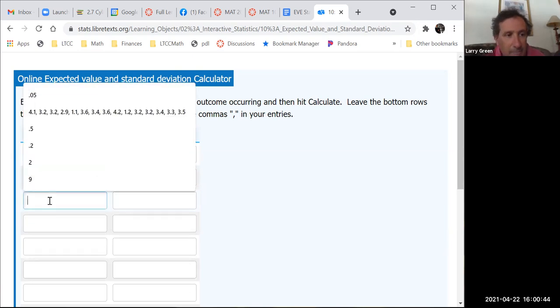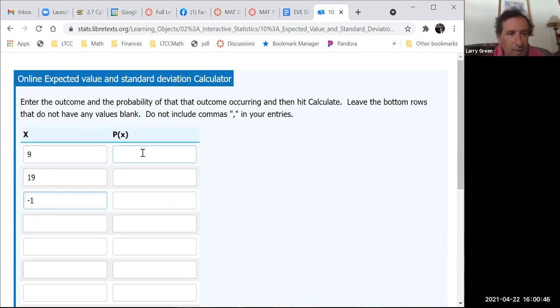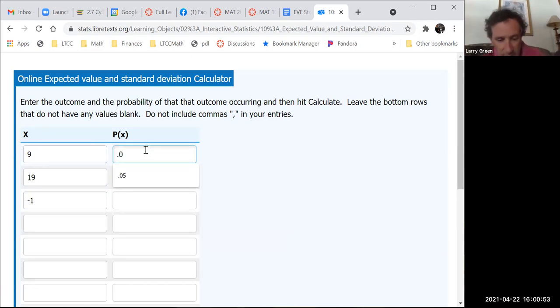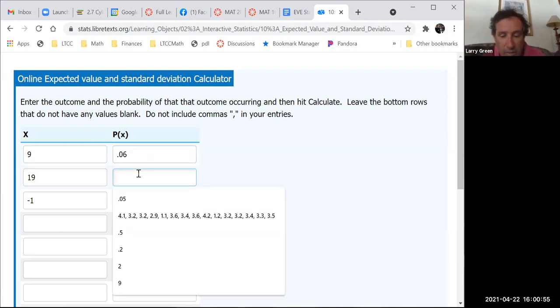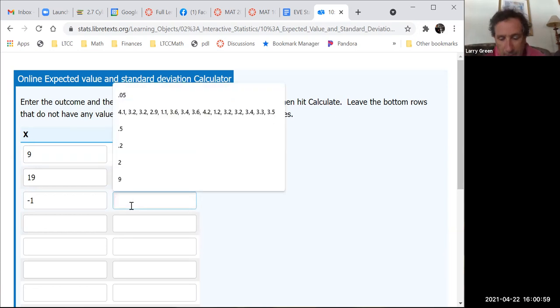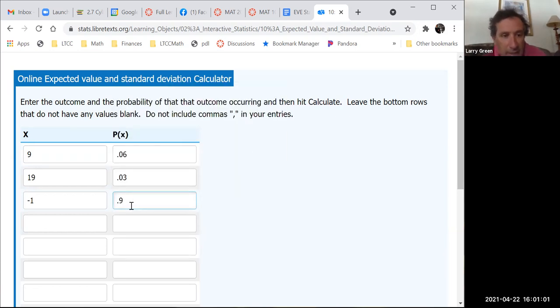The P of X's are 0.06, 0.03, and 0.91. Any questions so far?